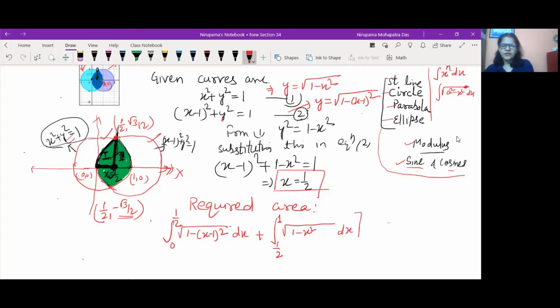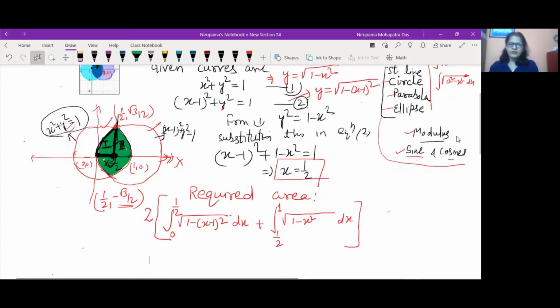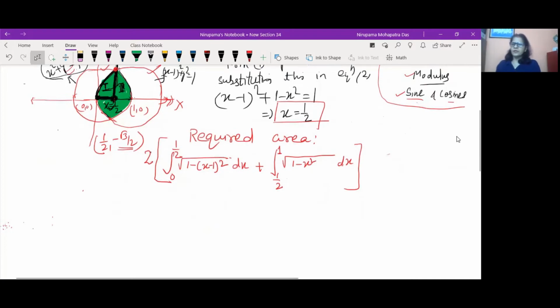So this gives us the area of the region bounded by the curve above x-axis. But in the question, we have to find the area of the whole region bounded by the curve. Because of the symmetry, we can multiply this by 2 so that we get the whole area.